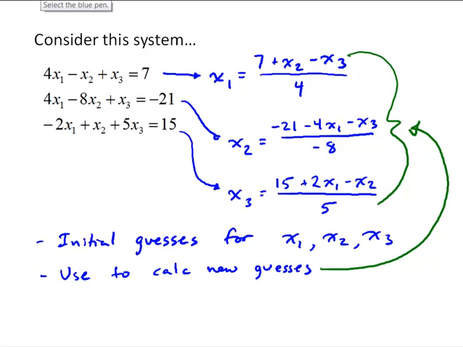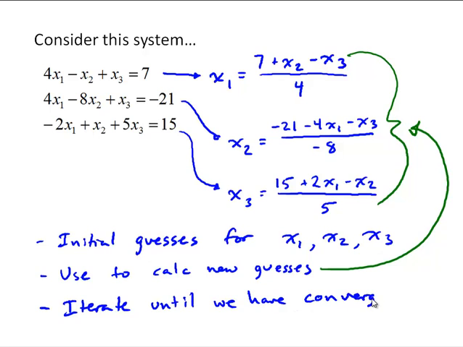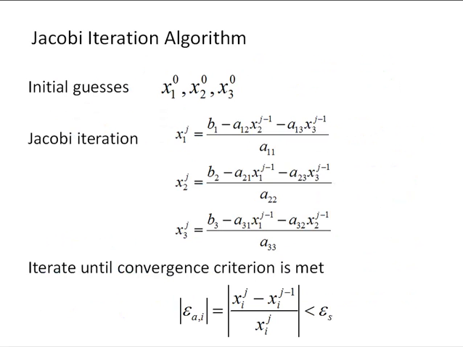And then keep iterating that, doing it over and over again until we have convergence, similar to what we did for roots problems. So let's just formalize this algorithm for any system of equations.